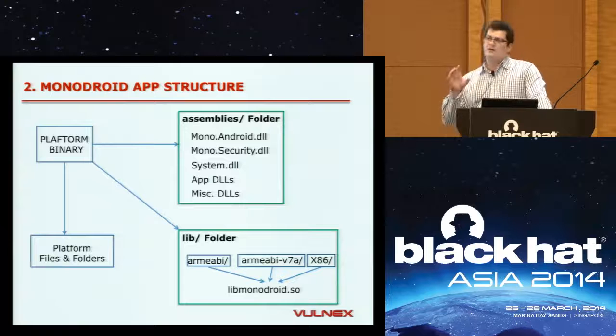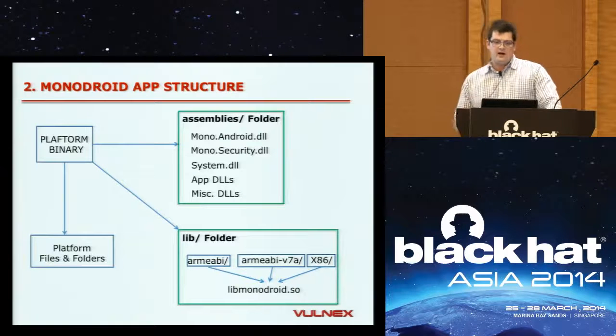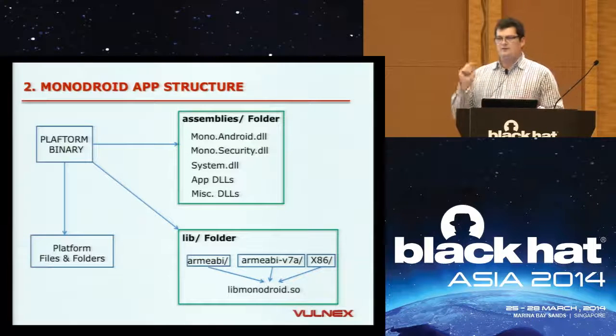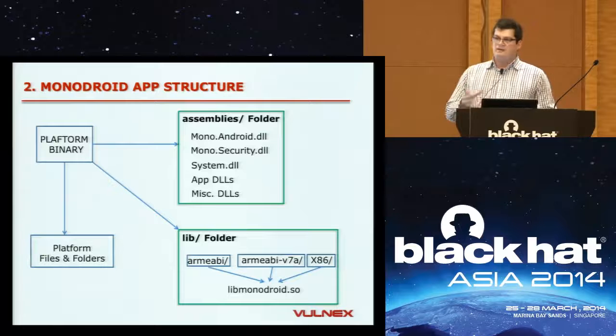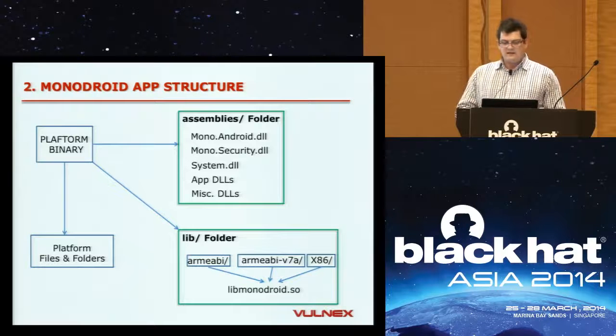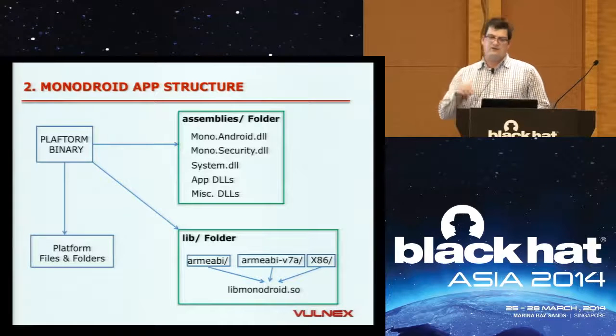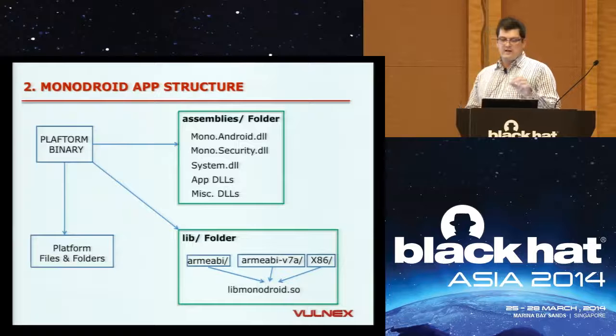In terms of how this works, again, we have a platform binary, and this is specific for Android. So when a Monodroid application gets compiled, it creates a binary for the Android platform, and this binary will load and run all these assemblies.